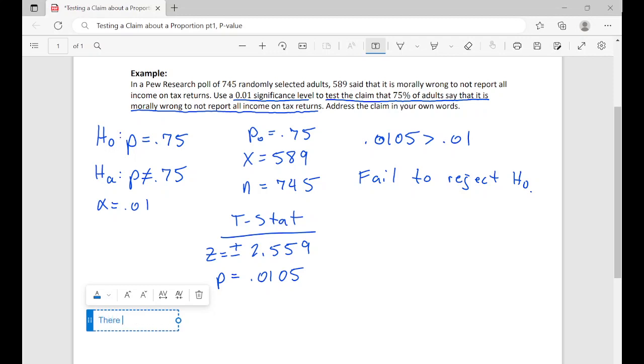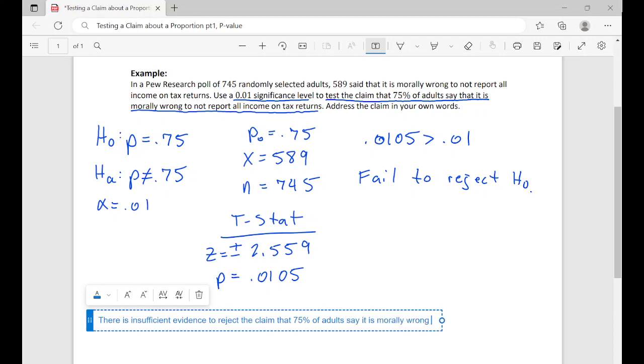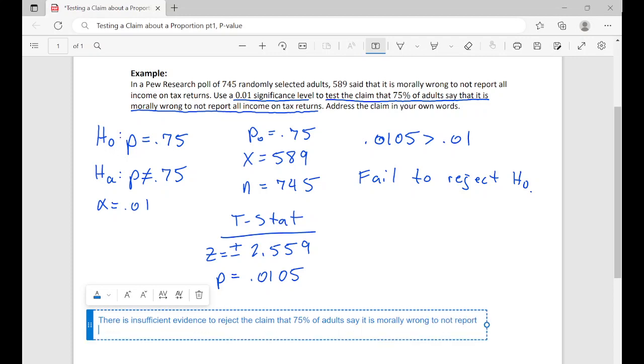We can say that there is insufficient evidence to reject the claim that 75% of adults say it is morally wrong to not report all income on tax returns.